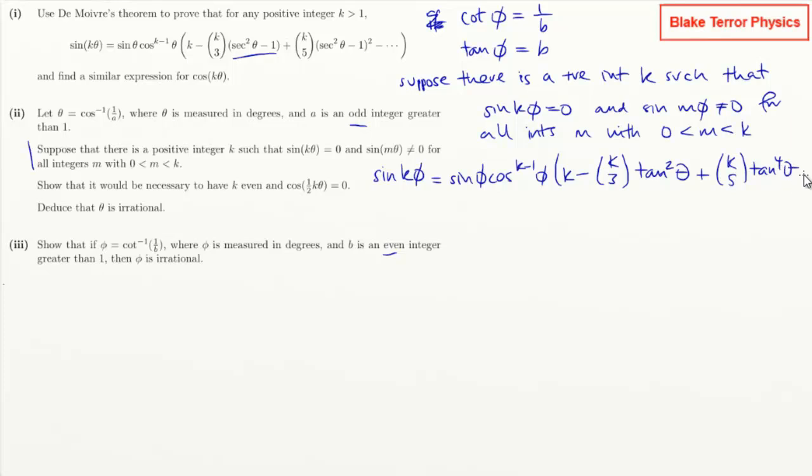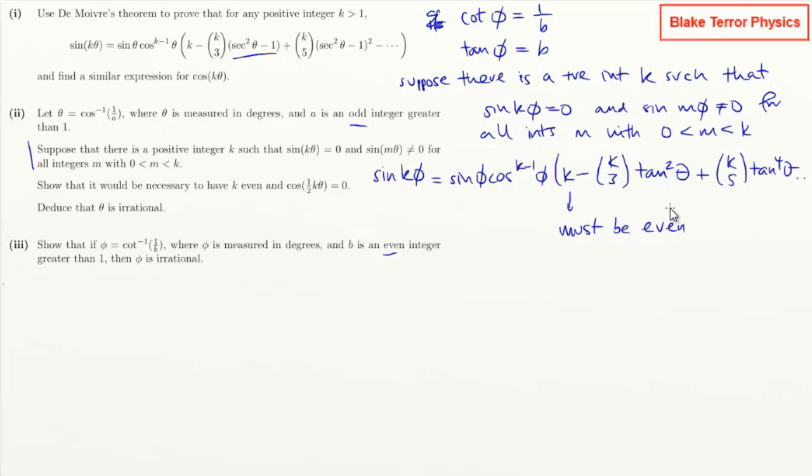This is why they've changed the b to be even. Yeah, this is showing that k must be even for the same reason.